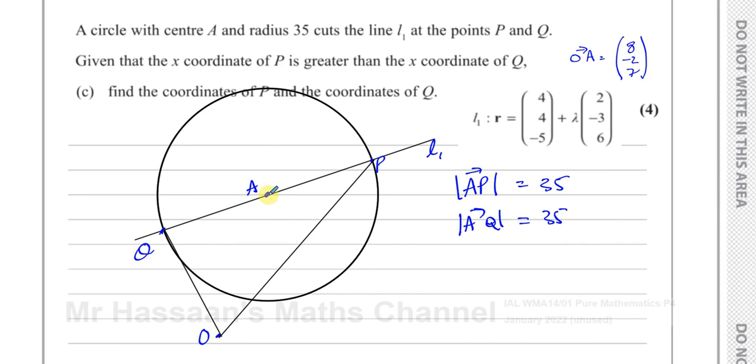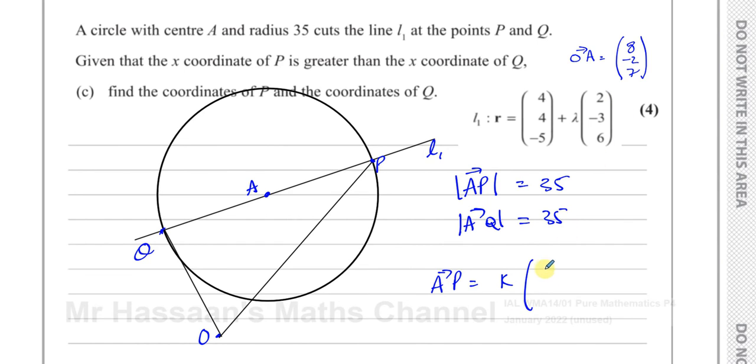I know that because they've told us the radius of this circle is 35. I know P is on line 1 and Q is on line 1, and P and Q is where the circle hits line 1, right? So I also know that the vector from A to P is equal to some constant times the direction of line 1, which is this.